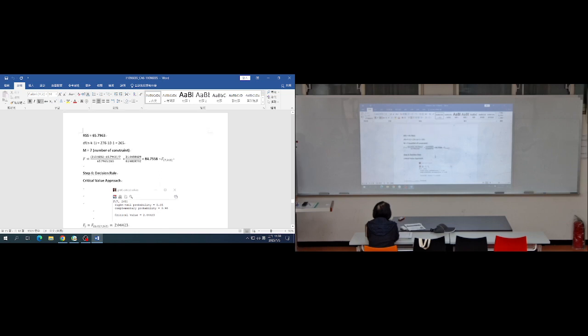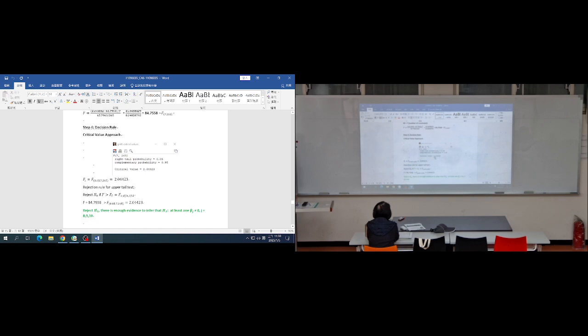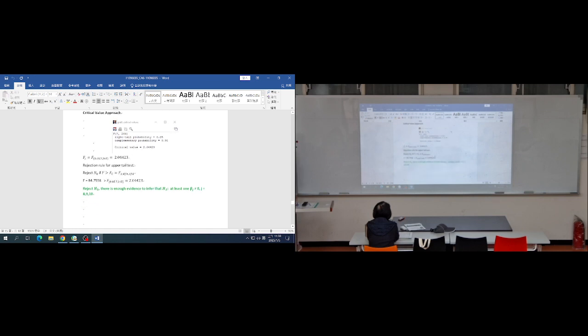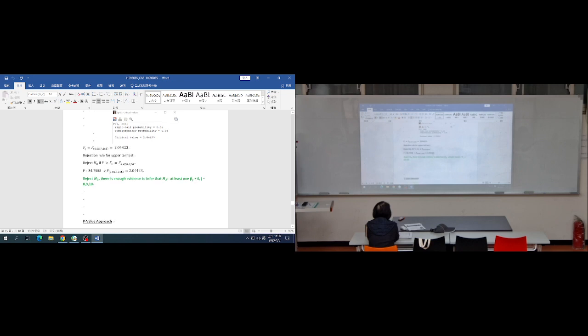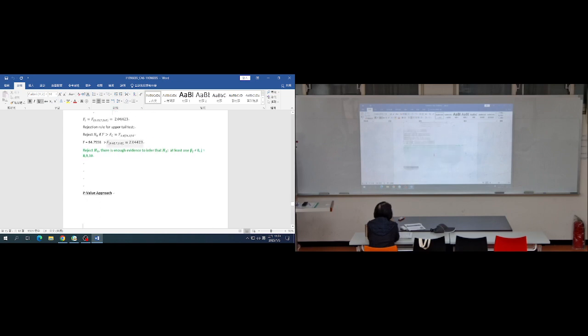To take the decision, we use the critical value approach, and here we can infer to reject the null hypothesis, with enough evidence to infer the alternative hypothesis.